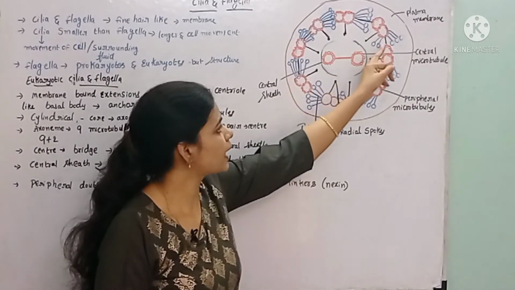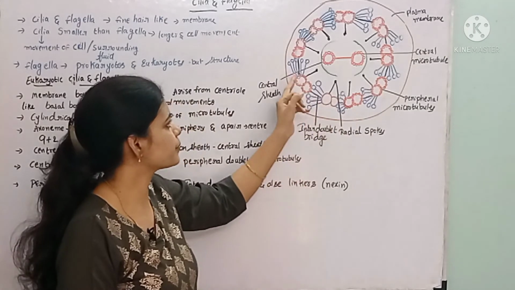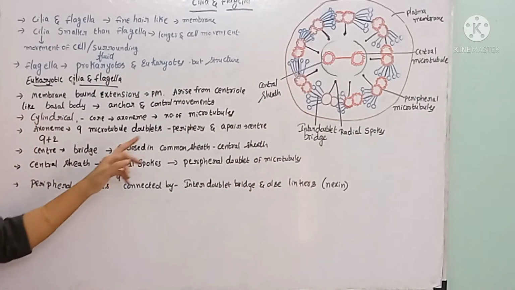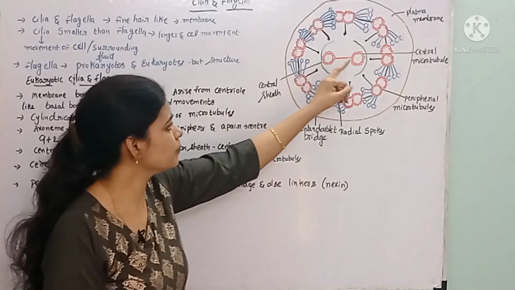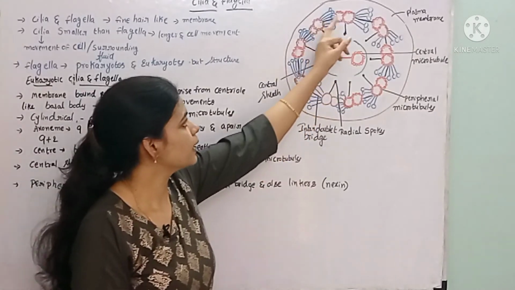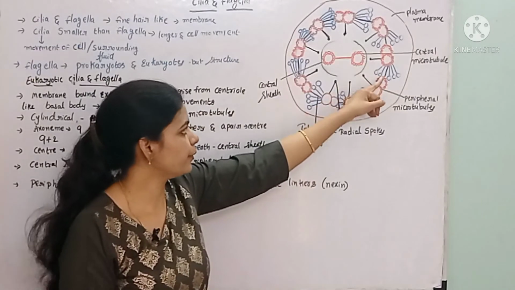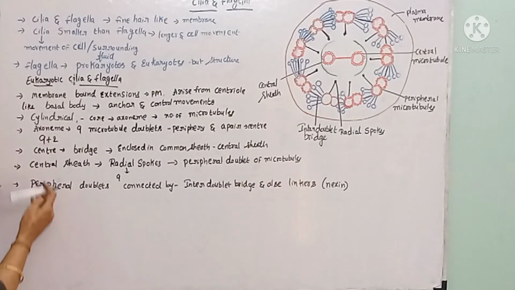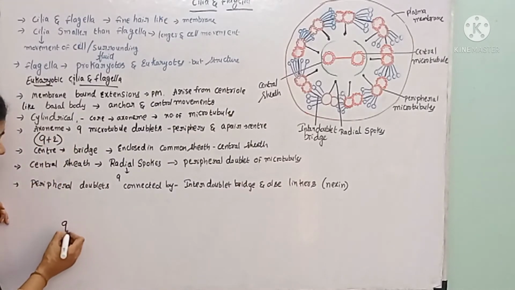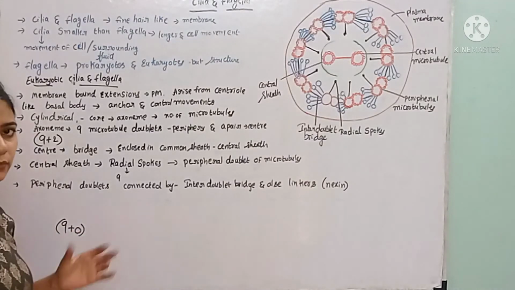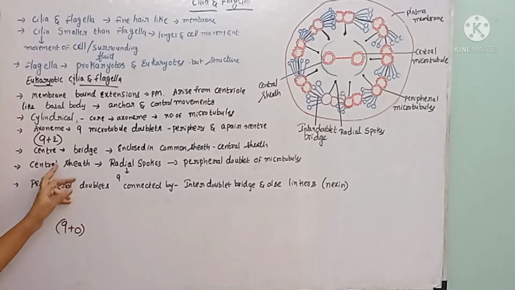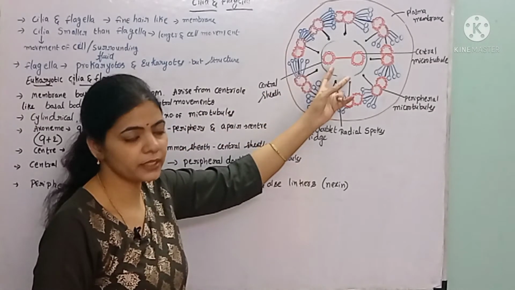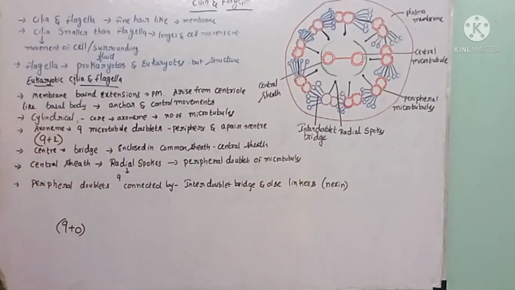At the periphery, 9 microtubule doublets are present, and a pair of central microtubules are also present, which exhibits a 9+2 arrangement. Whereas in the centriole, what we have studied is a 9+0 arrangement. In the center there are no fibers, but here there are 2 microtubules, right? Hence it is called a 9+2 arrangement.